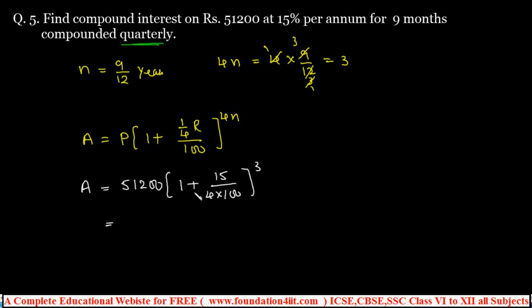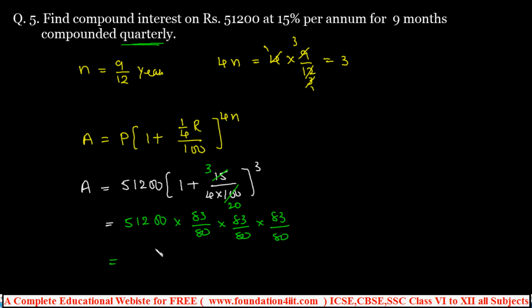Yes, you can calculate this and you'll get the answer. 15, 5 table, 5 3s are 15, 5 20s are 100, so 3 by 80. Then 1 plus 3 by 80 is 83 by 80. So 51,200 into the same 83 by 80 to the power 3. So 83 by 80, again 83 by 80. Yes, this is the calculation.